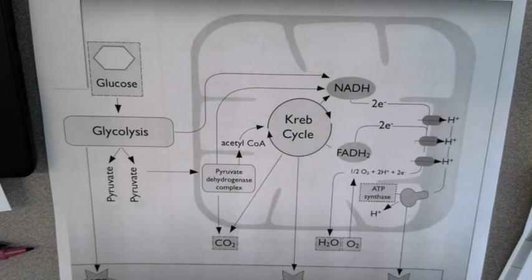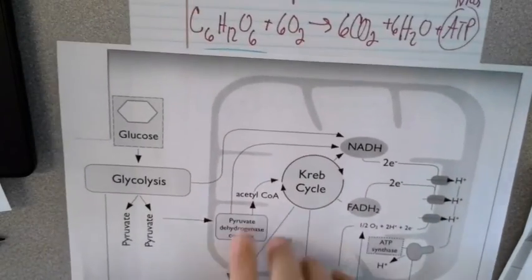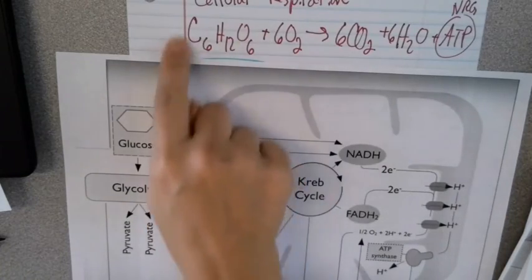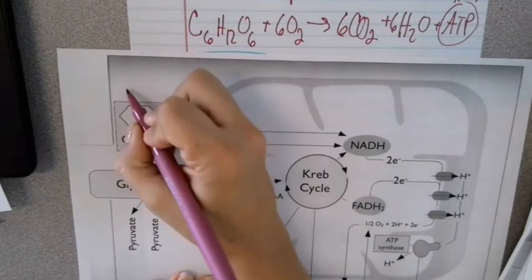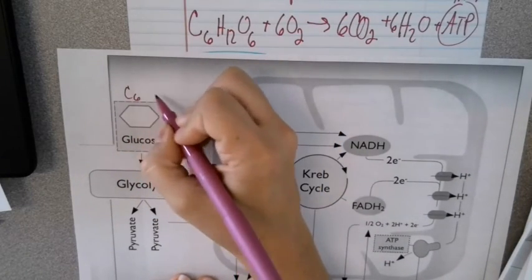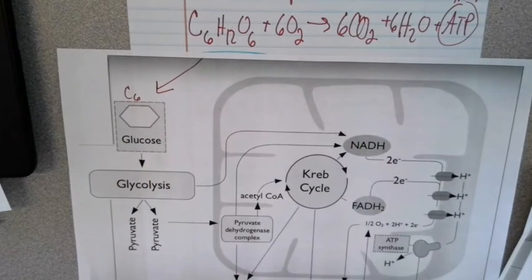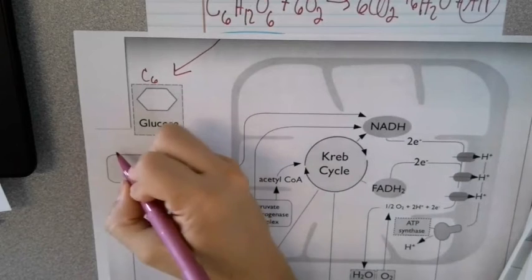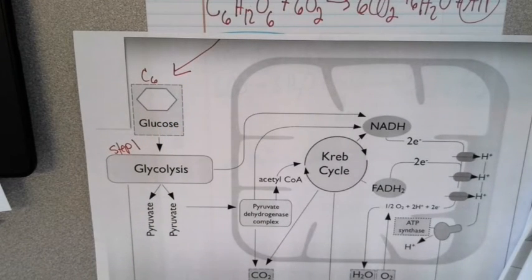And we're going to start with our glucose, because glucose, again, if we look at our chemical formula, is going to be our main sugar. So glucose is going to have 6 carbons. And glucose is going to enter our first step of cellular respiration.